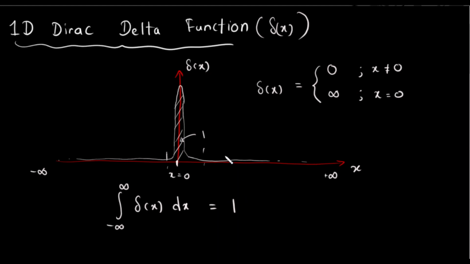Technically this delta function, delta x, is not always considered a function. In the mathematical literature, we can say that this is a distribution, because only when x equals 0 there is a value for this delta function. So this can be considered a distribution rather than a function.